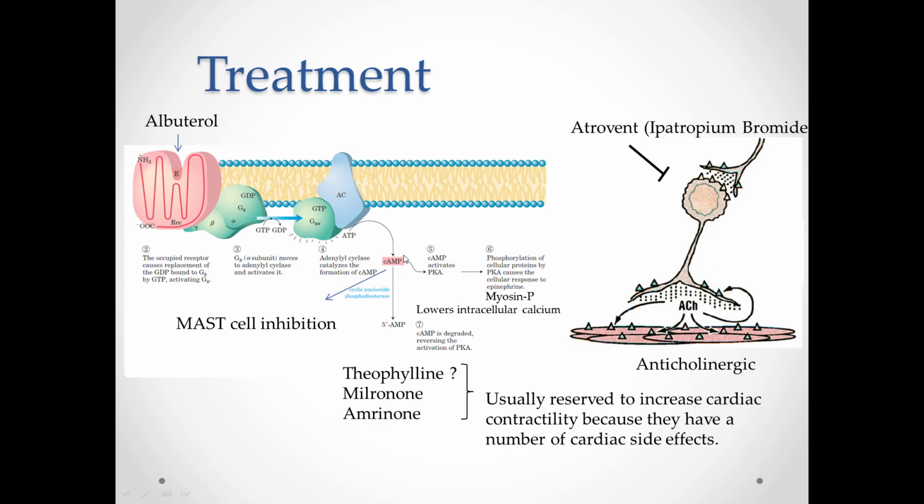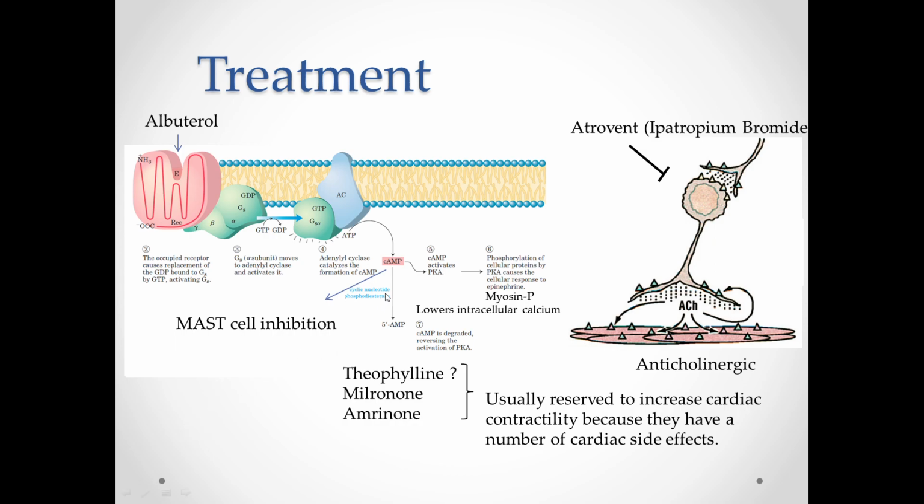This 3',5' cyclic AMP is what has the effects of phosphorylating myosin, which causes smooth muscle cell relaxation. It also lowers intracellular calcium. It also causes inhibition of mast cells, which is really important. We consider mast cell degranulation as part of the pathogenesis of asthma.